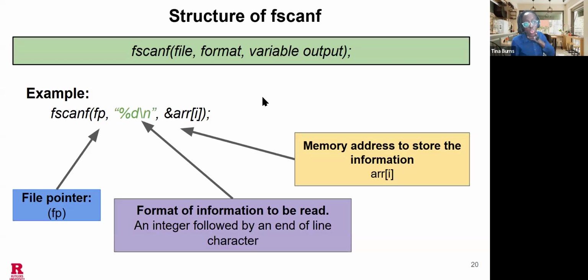Now, here's your variable format for what you're going to be using. You're going to include your fscanf. That's going to be your function. You need to have your file, which is going to be your pointer, the format of what you're using, and then your variable output. So now keep in mind that, again, your file is going to be outside the scope of your function, right?